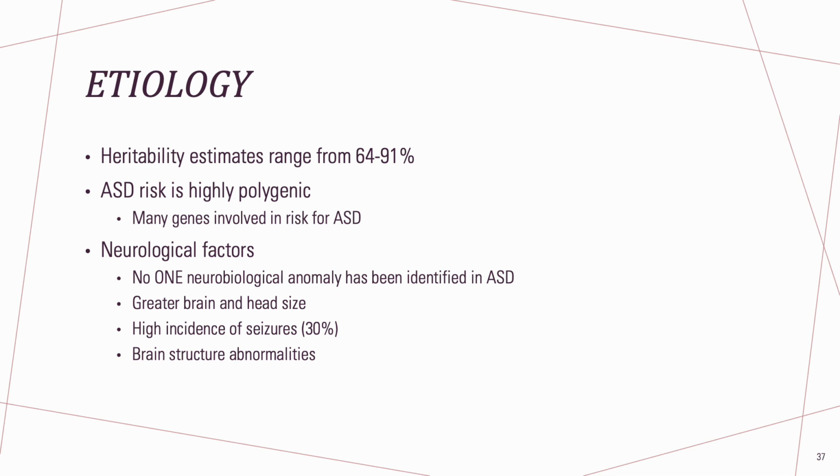When we talk about the neurobiological factors, same thing applies: there's not one single neurobiological anomaly that has been identified in people with autism. But in general, we do tend to see greater brain and head size, higher incidence of seizures, and structural brain abnormalities.